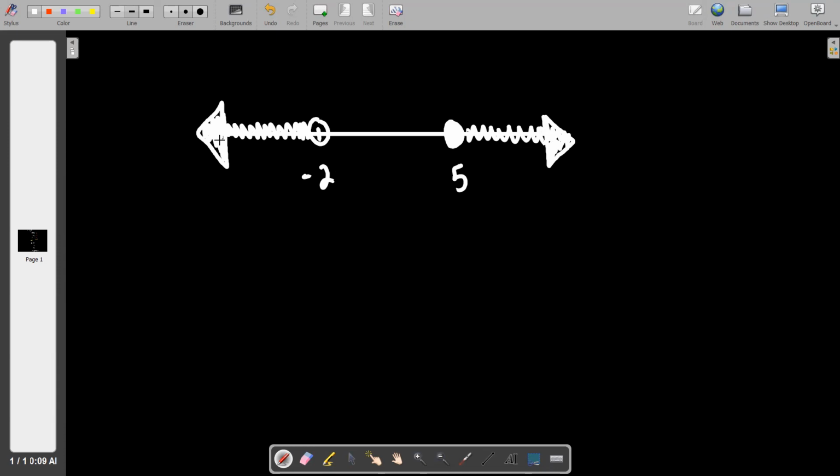How many intervals do you see? 2, right? I don't mean to insult your intelligence when I ask you questions like that, but it's important that you identify that that's 2 separated intervals.